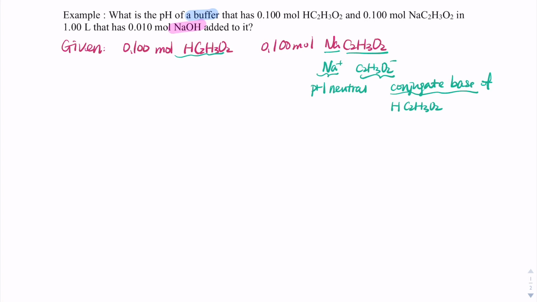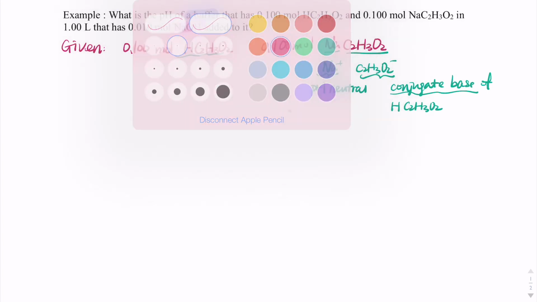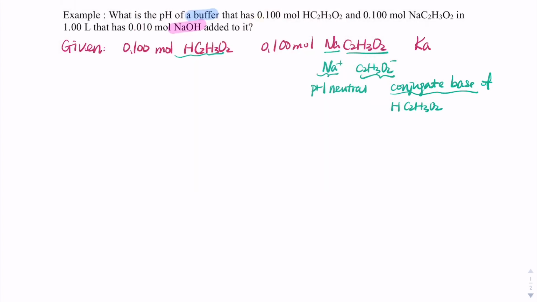This is your buffer, and of course the K value is always given. The Ka of the weak acid is 1.8 times 10 to the power -5. This is the K value for acetic acid, HC2H3O2.